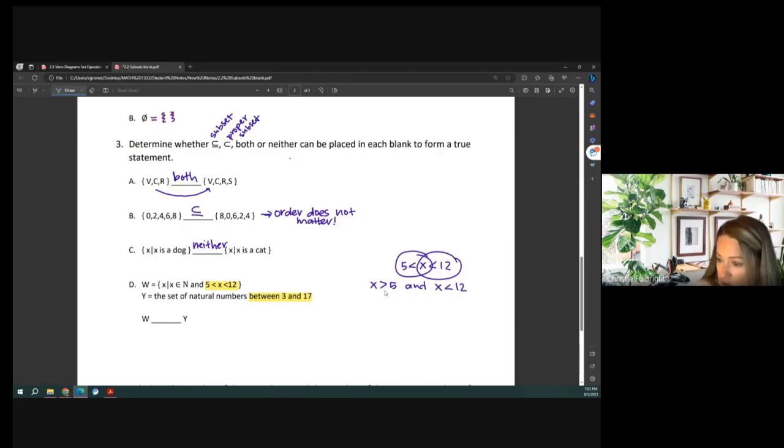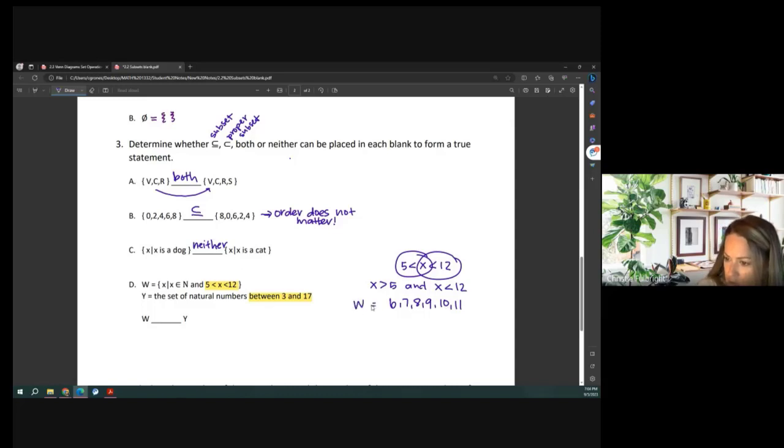If x is greater than 5, we are not going to include 5 because 5 is not greater than itself. So we're going to start with 6, go up, 7, 8, 9, 10, 11, and we cannot include 12 because 12 is not less than itself.